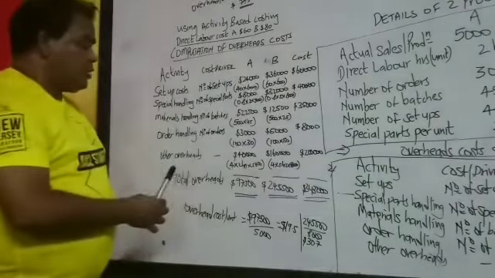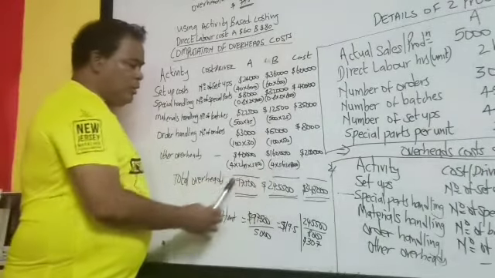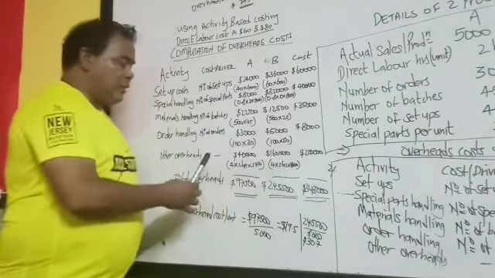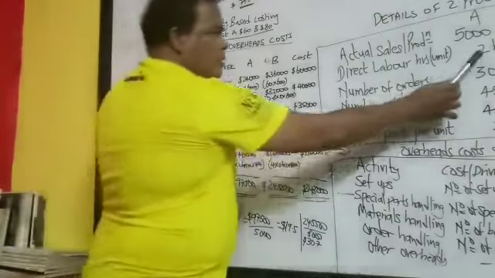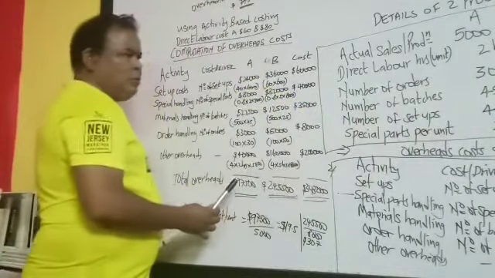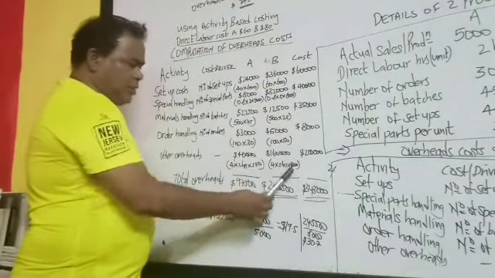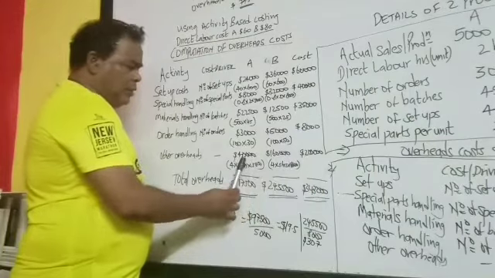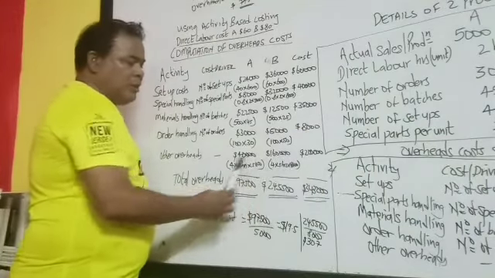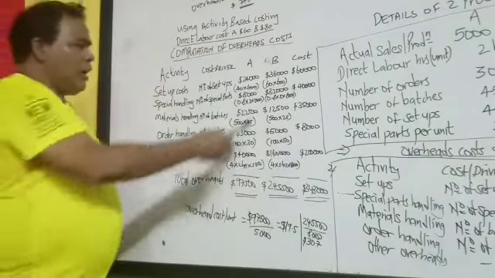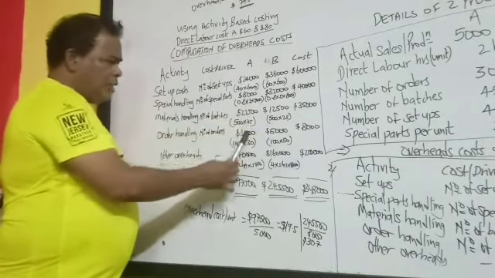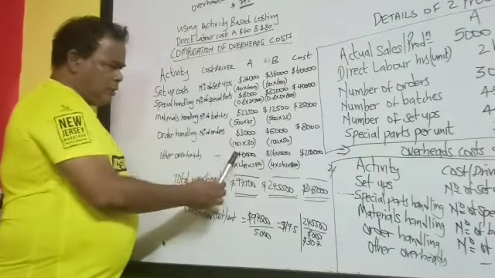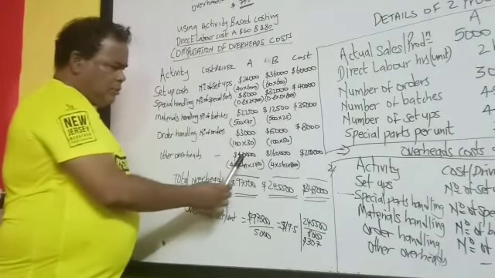Other overhead costs, this one 200,000. We have already calculated the cost driver rate, then we multiply it by the number of hours, 2 hours and 5 hours times units. We can allocate it, 40,000 and 160,000. Then we have to add 24,000, 8,000, 22,500, 3,000, 40,000.